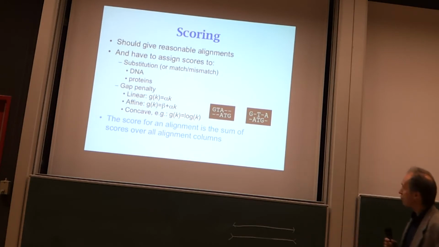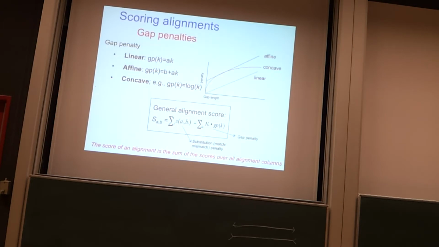Then there is another one, called the affine penalty, where you give a little boost at the beginning. I'll show you pictures to make it a bit clearer. So linear is just this one.